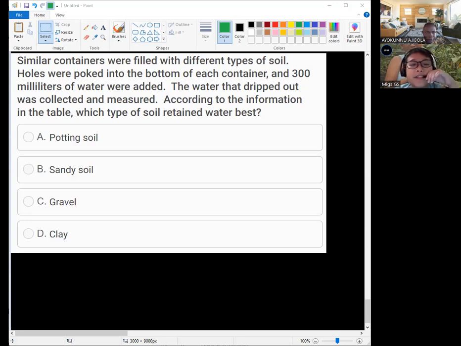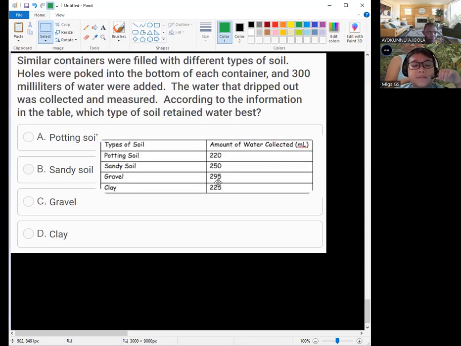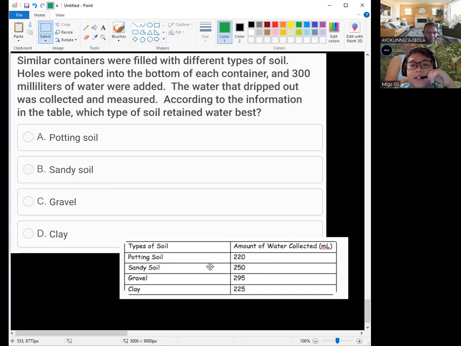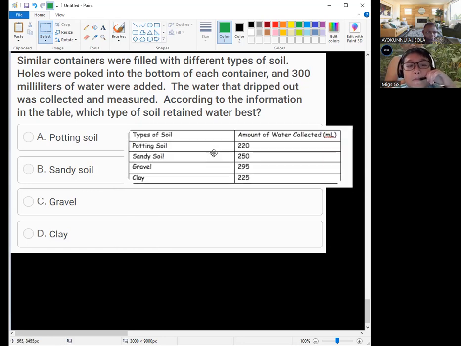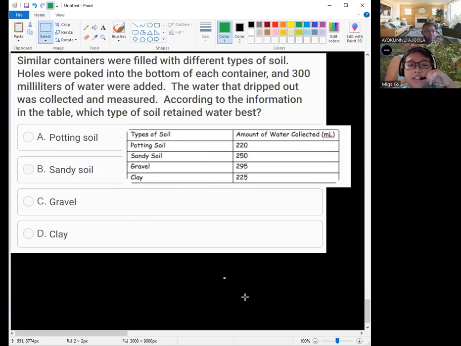Similar containers were filled with different types of soil. Holes were poked into the bottom of each container, and 300 milliliters of water were added. The water that came out was collected and measured.